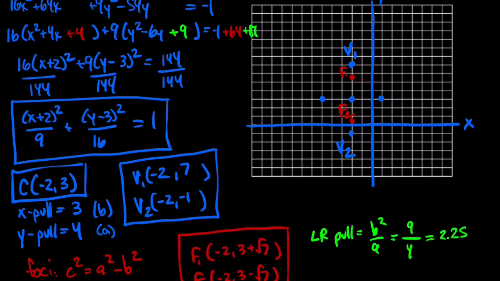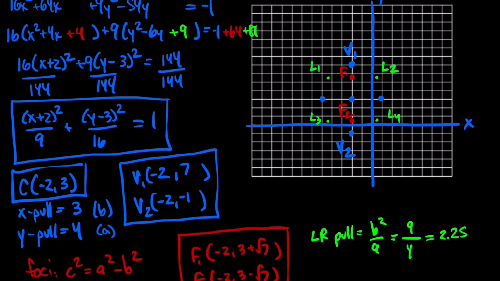And I can plot that fairly accurately. So 1, 2, about right there, and 1, 2, about right there. So this will be L1, this will be L2. And then from this focus, 2.25 is about right there. Let's label this L3 and L4.